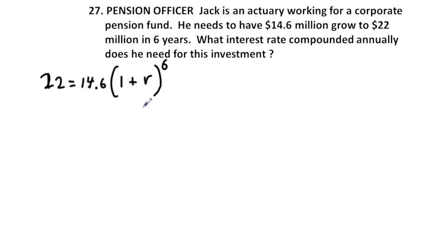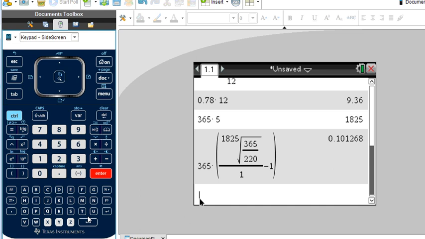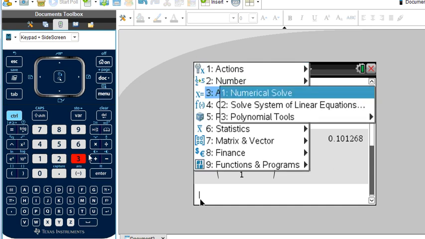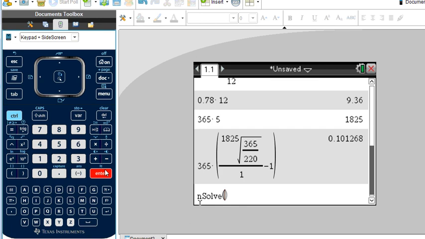And what we can do with something like this is, a lot of your calculators have an equation solving type of function. In our TI Inspire calculator it's called NSolve, for numerical solve. So we're going to use that device here. We're going to go to Menu, Algebra, and Numerical Solve.